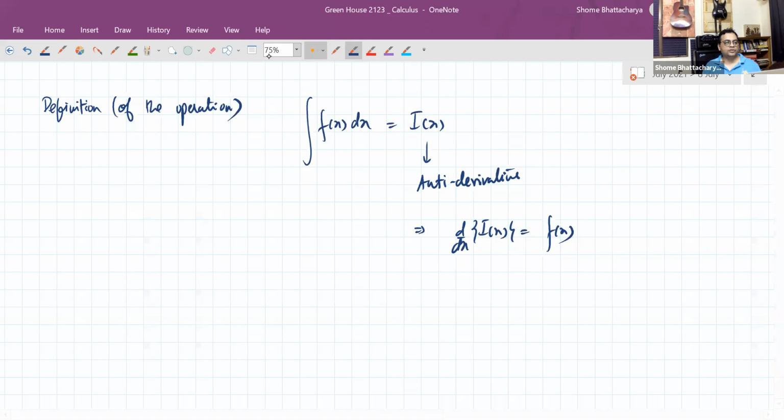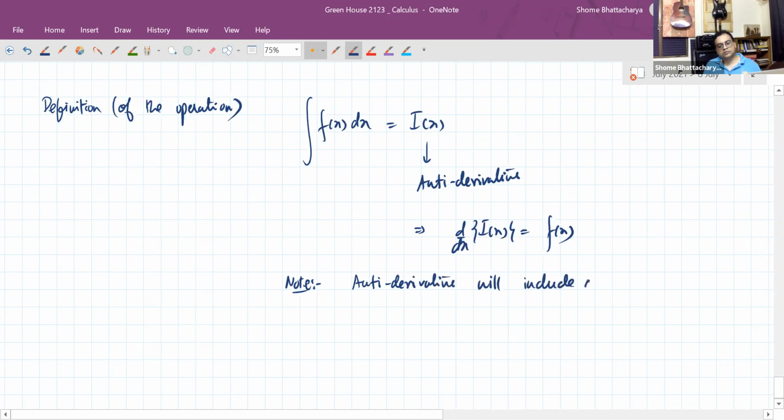Since the antiderivative always has an unknown constant C, this operation is called indefinite integration, because it gives us an indefinite answer.